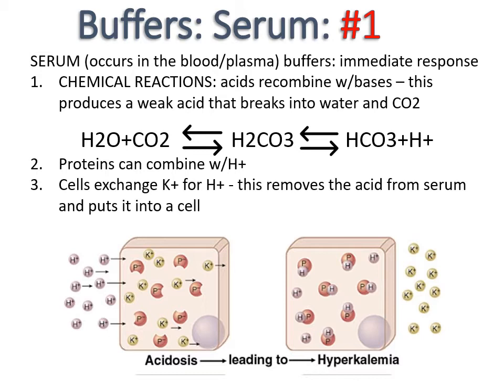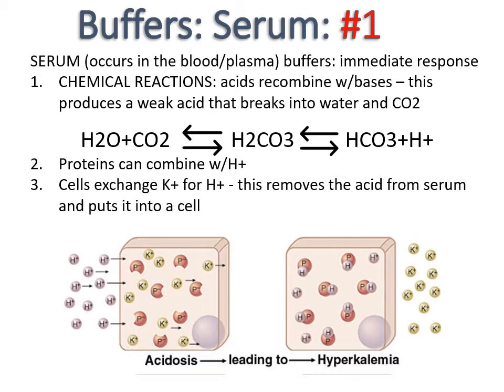But CO2, you can just breathe off, right? So in the bloodstream, the acid can immediately be converted with bicarbonate to H2O and CO2. That's important because the body's going to do everything it can to keep the pH between 7.35 and 7.45.